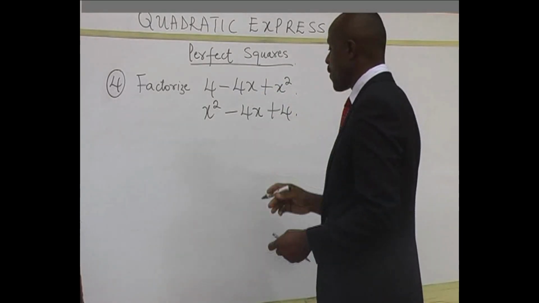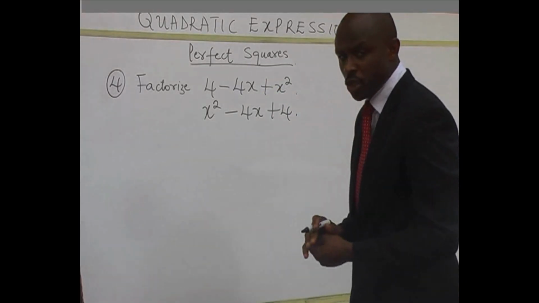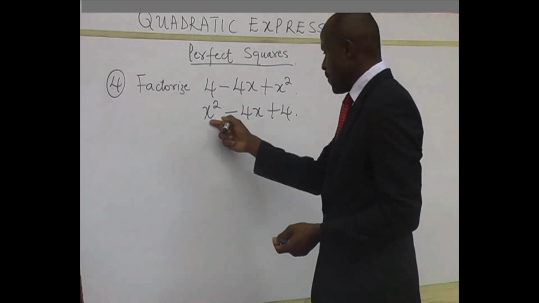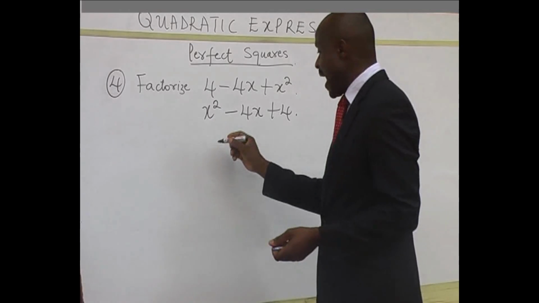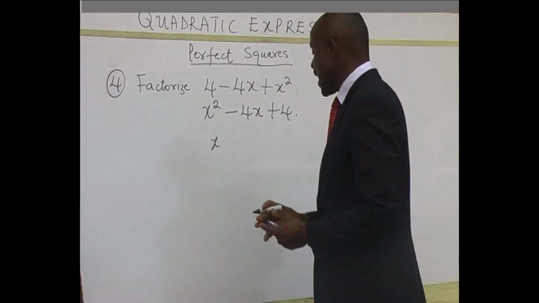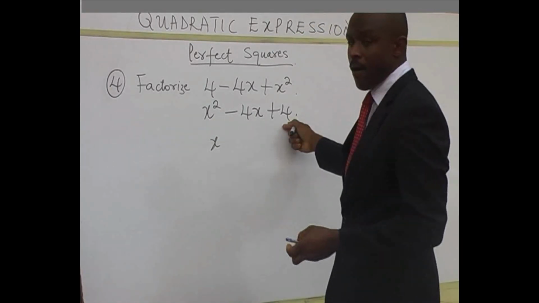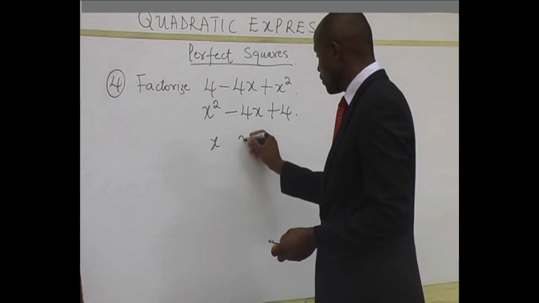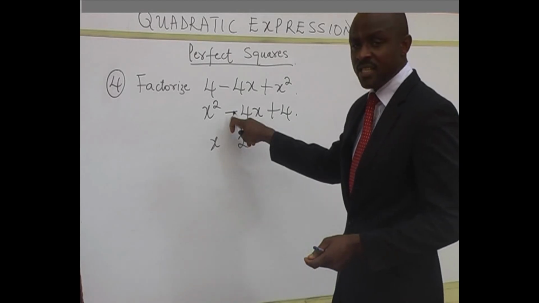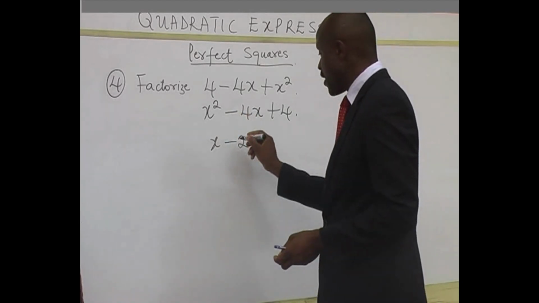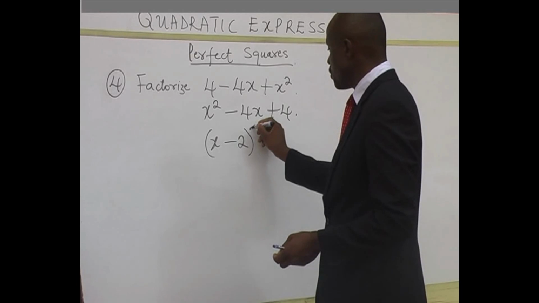That should be the correct way the expression should go. The square root of x squared is x. Write x. The square root of 4 is 2. Write 2. Since the middle number has a negative sign, put minus and put your squared.